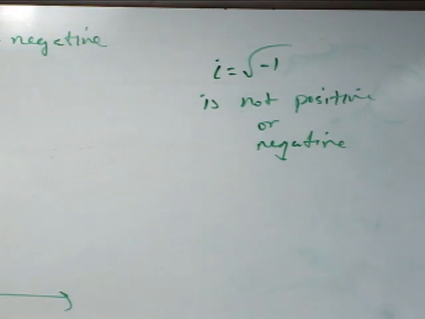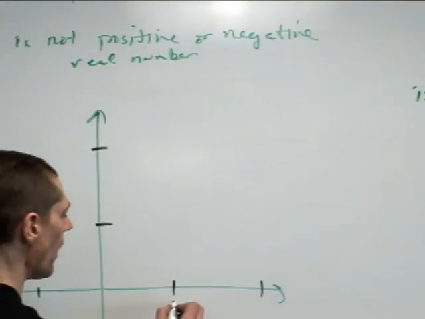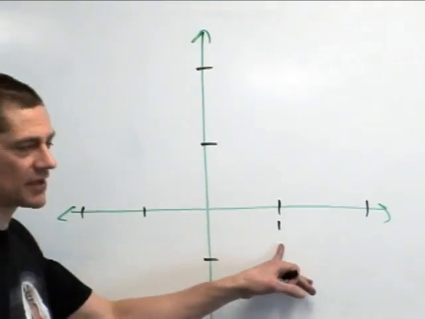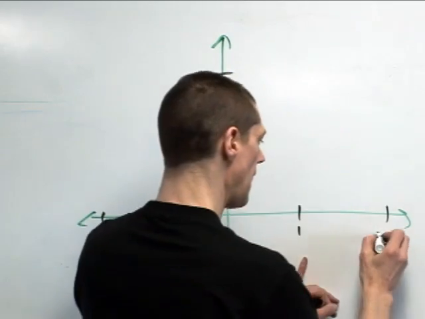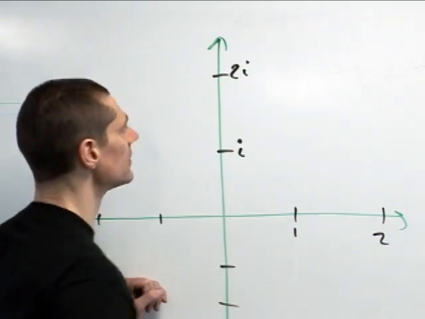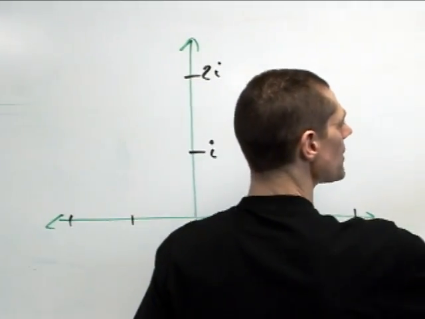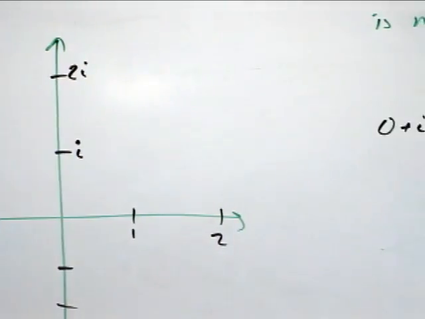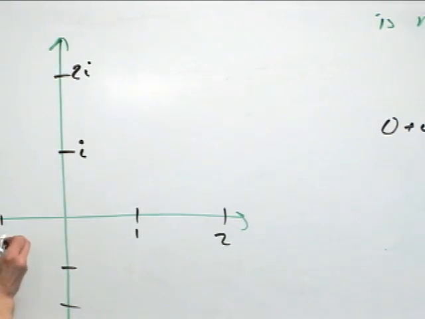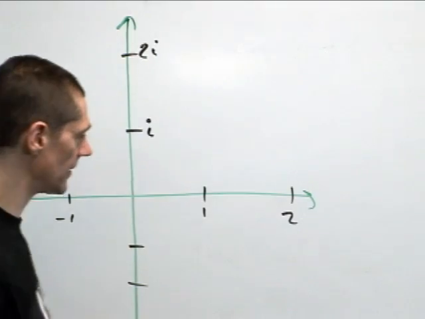So let's look at, I'm going to blow this picture up really big. So this is the point 1 plus 0i. We typically don't write the 0i. This is 0 plus i. Here's 0 plus 2i. So this, in theory, should be written as 0 plus i. We just don't put the 0 in front. It's a matter of convention. I really think that you should, to make sure you understand.